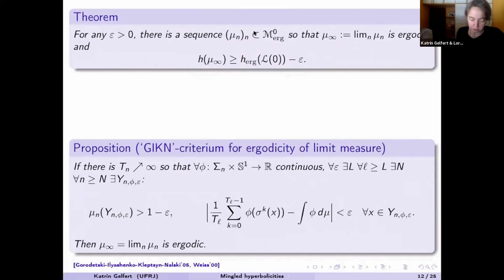Okay. So, and I would like to give an idea of what these measures are which we use. And to show that this measure is ergodic, you have to use this criterion for ergodicity of limit measures that Gorodetsky and co. already stated and used for a limit of periodic measures, while we use a version of that for our sequence of measures which are non-periodic.